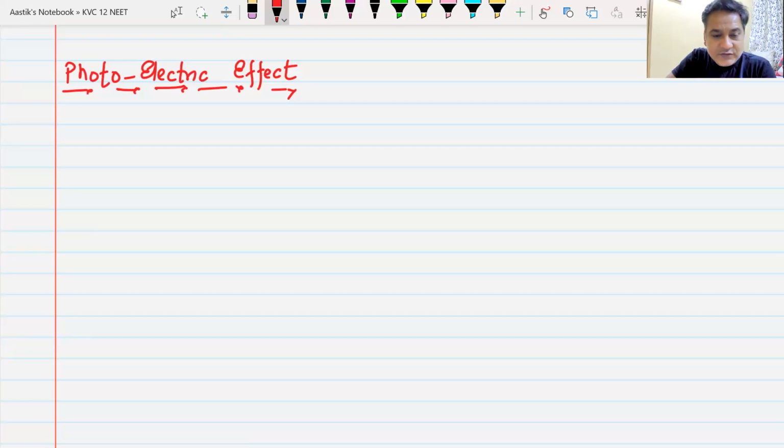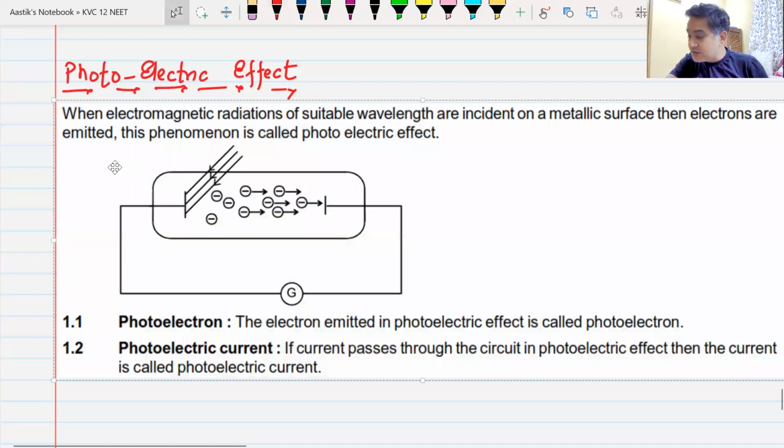Do we understand this? Yes or no, everyone? Yes, sir. You can just note it down in your language. Remember, the language is not important. What is important is to understand the phenomenon, and the phenomenon is very simple.